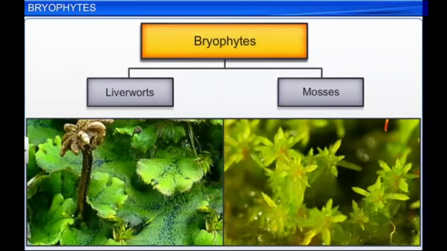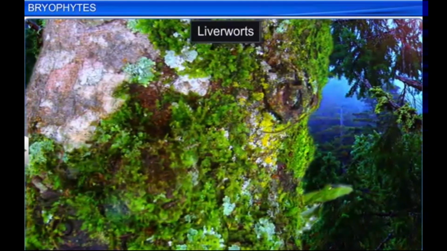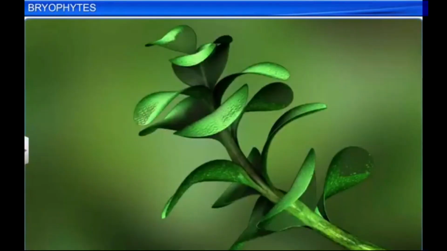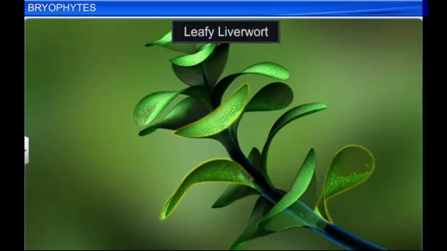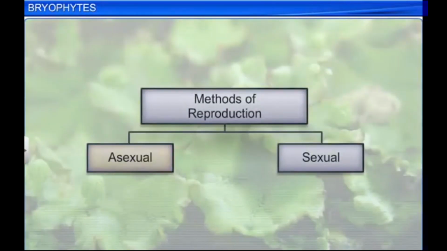Bryophytes are of two types: liverworts and mosses. You can find liverworts in moist and shady environs such as barks of trees. The plant body, a thallus, is dorsiventral and appressed to the substrate. However, in the case of leafy liverworts, the plant body bears tiny leaf-like appendages in two rows on the stem-like structures. Liverworts reproduce both asexually and sexually.